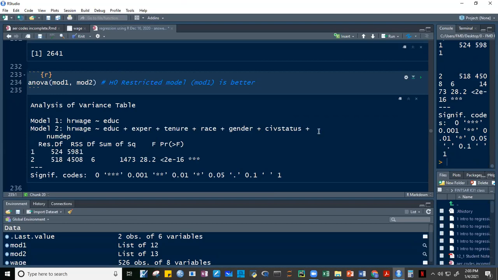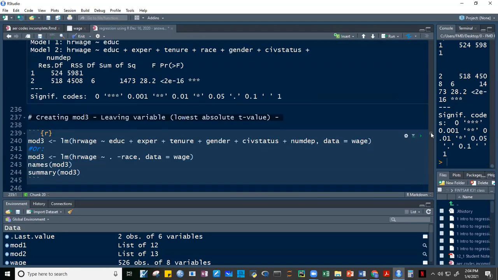The rest, 7. Ano yung p-value? P-value is practically 0, significant at 0.001. So conclusion natin, we reject the null hypothesis that the restricted model is better. We reject the null hypothesis that model 1 is better. So mas maganda si model 2, mas maganda yung sinama natin yung iba pang parameters.